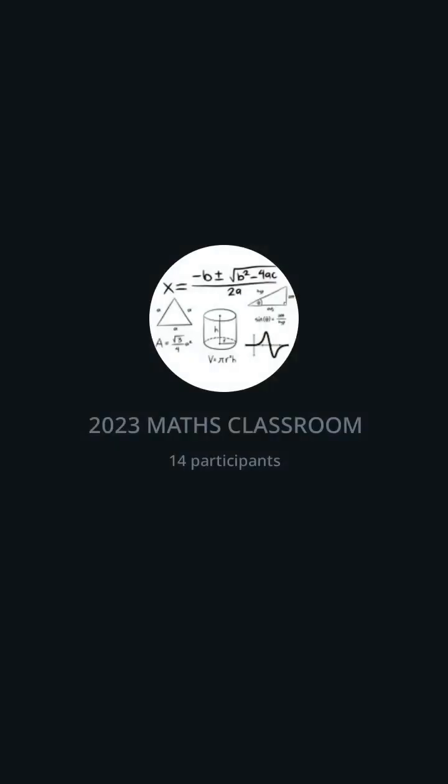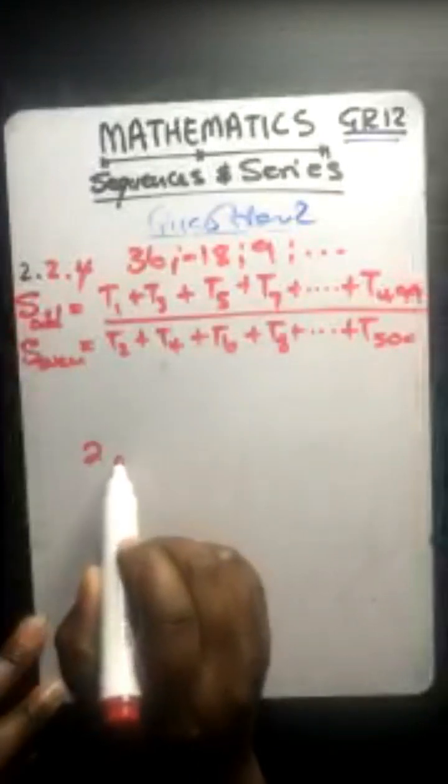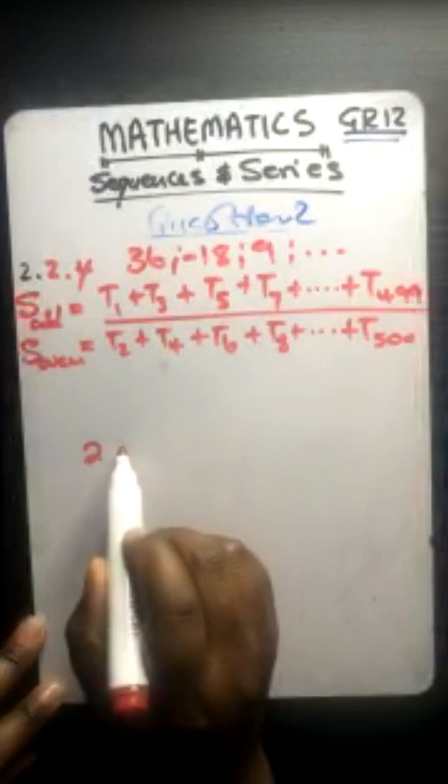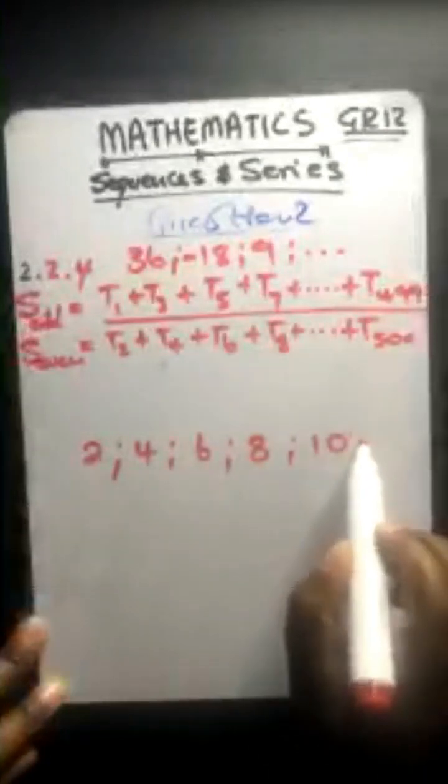So I'll give you guys an example. Let's say we are having 2, 4, 6, 8, 10, 12. That is 1, 2, 3, 4, 5, 6.